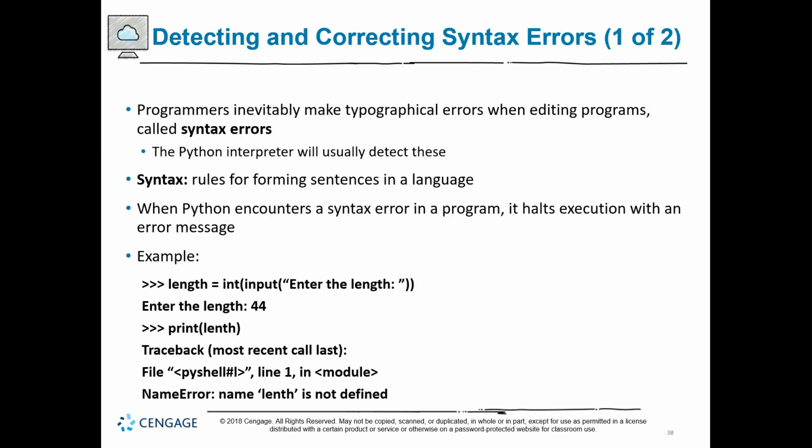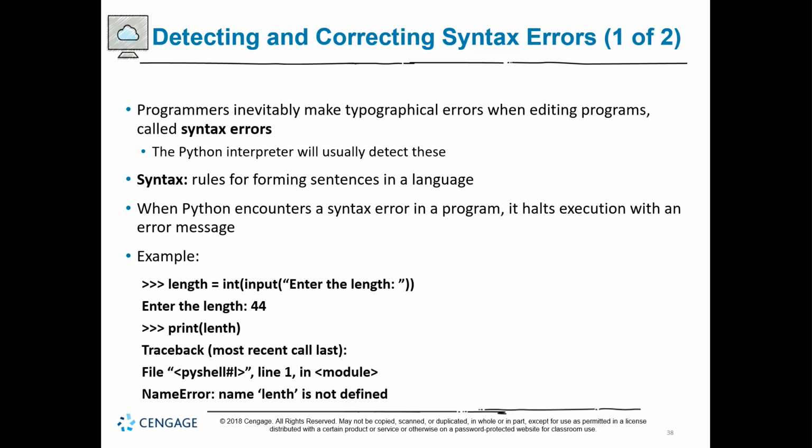So programmers might make errors. It is what it is. Those are typically called syntax errors or bugs. The Python interpreter will usually detect them and alert you. There are rules, there is syntax for forming sentences in any language. Syntax is just a clever way of saying rules or structure.